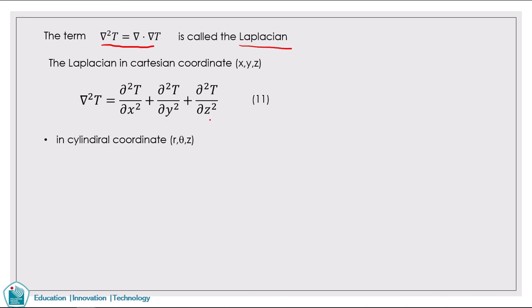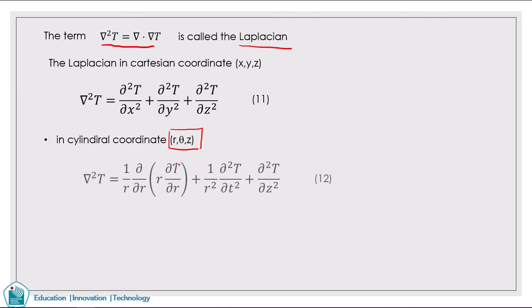In cylindrical coordinates, r theta z, however, we will not talk about this in this lesson today. This is just for your information. You can write del square T as equation 12. And for the spherical coordinate, again, we will not talk about this in this lesson today.